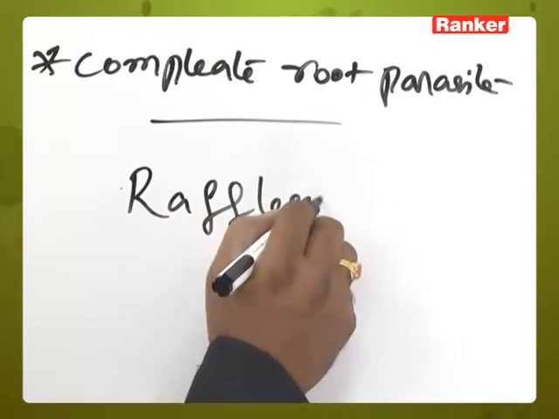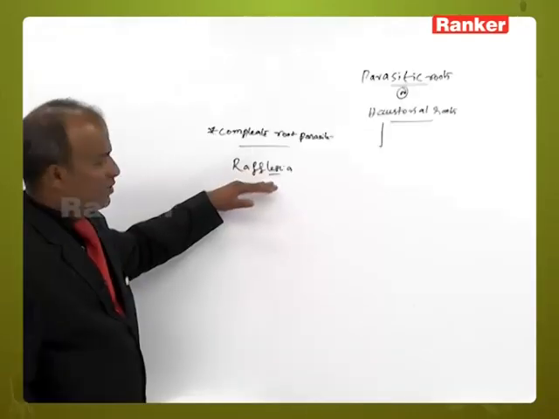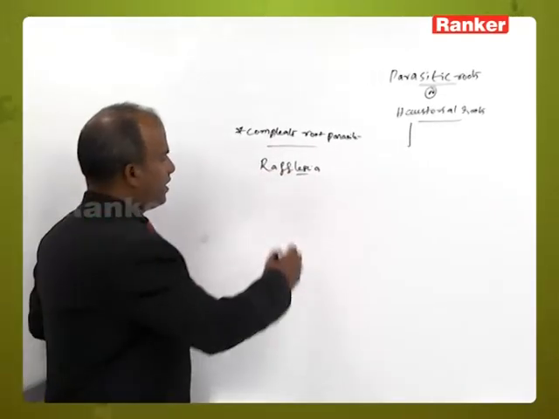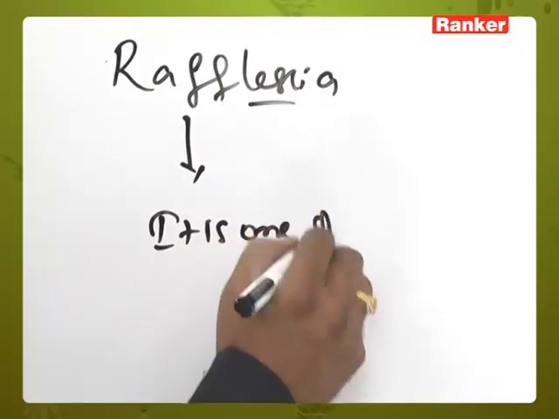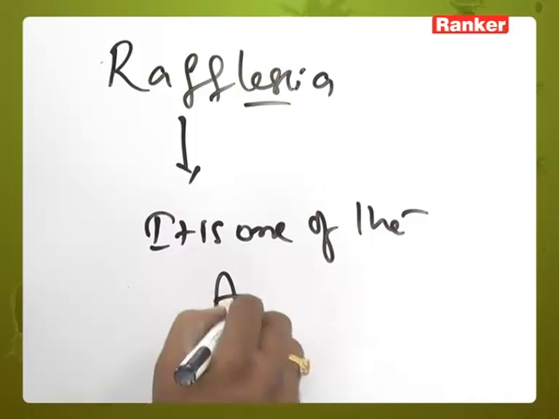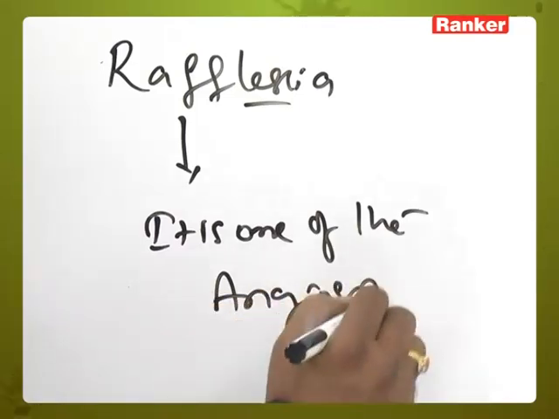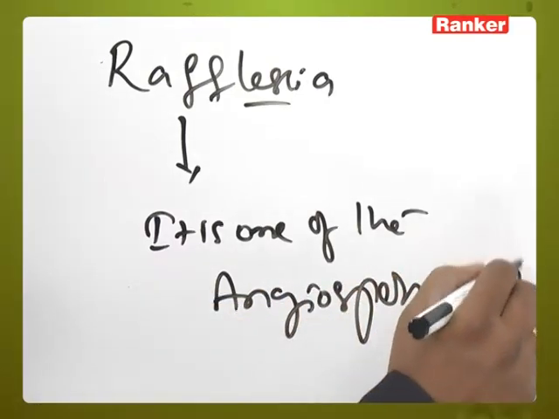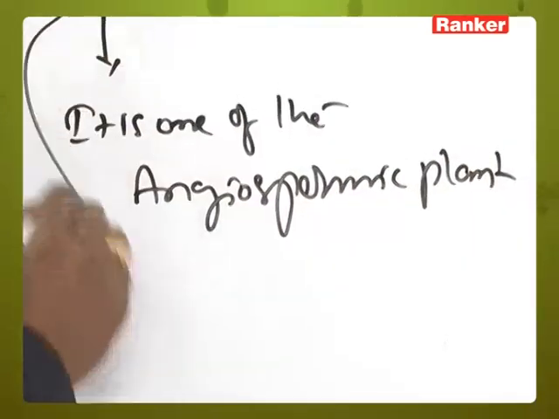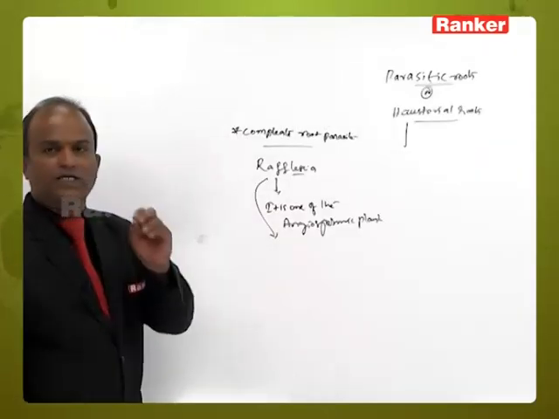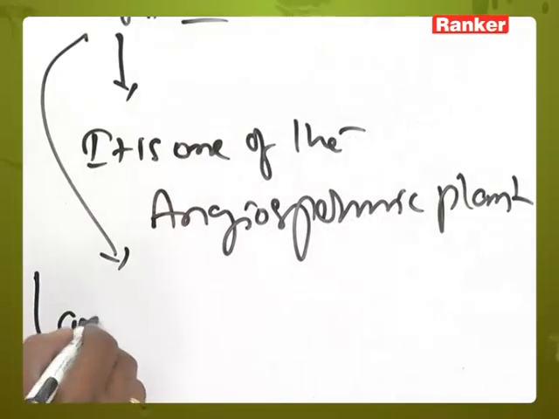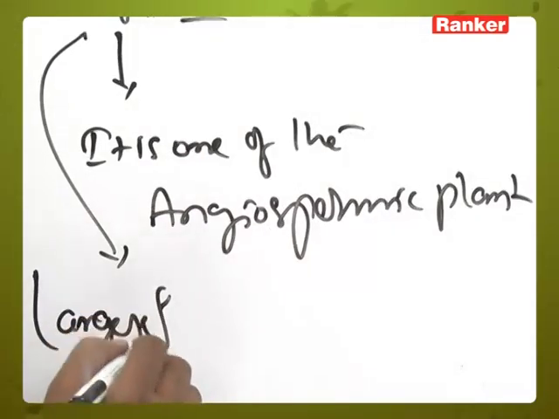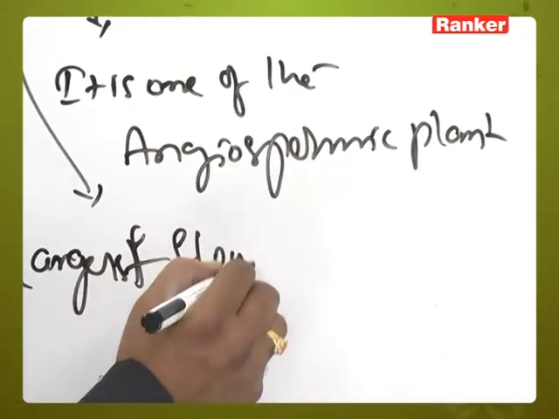Rafflesia is one of the angiospermic plants. It produces the largest flower.